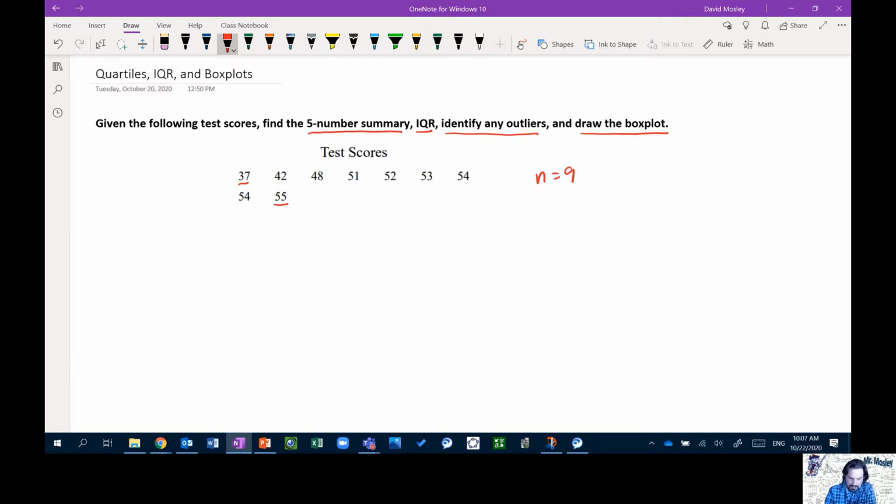So to find the center, we take the number of data points we have, 9, plus 1, divide it by 2. That's going to be 10 over 2, which means the number 5 gives us the location of the median.